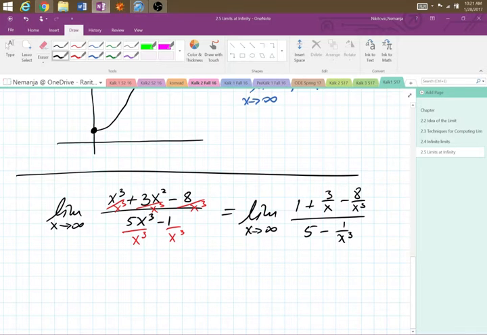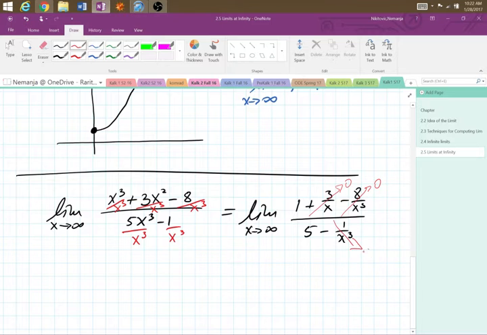I'm using air quotations now. If I'm to plug in infinity, what happens to 3 pieces of paper as I cut them infinitely many times? They go to nothing, exactly. So 3 pieces of paper will go to nothing. How about 8 pieces of paper cut forever?